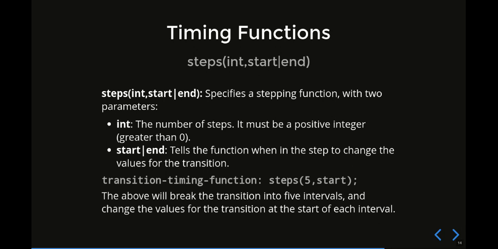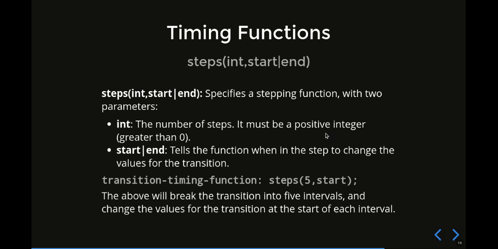There's another set that does the opposite, right, of what the smoothing and easing functions do, in that it makes steps. So everything has a kind of a jolty aspect to it. So let's see what these look like. The steps takes an integer, so it just has to be a number greater than 0.